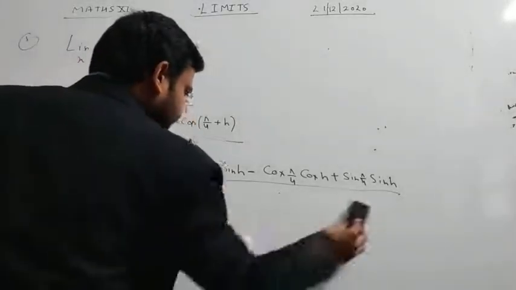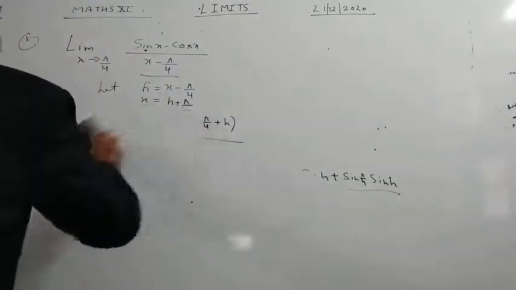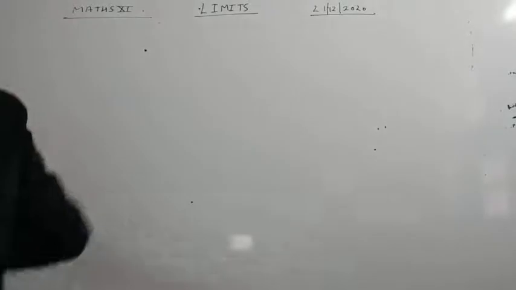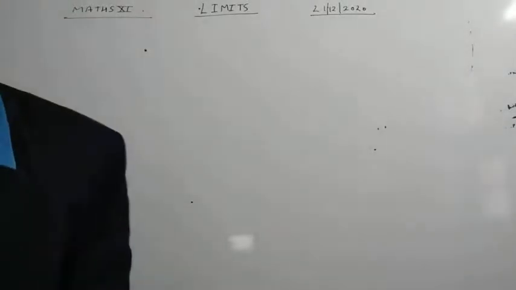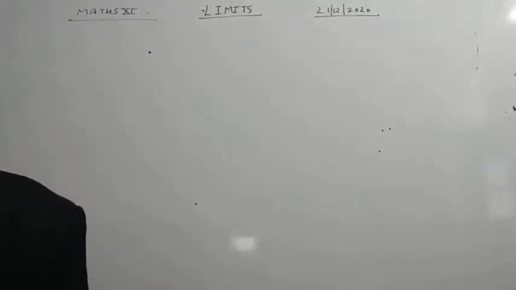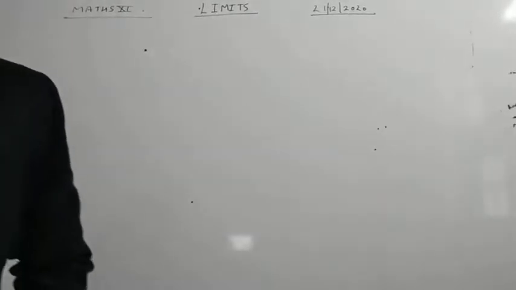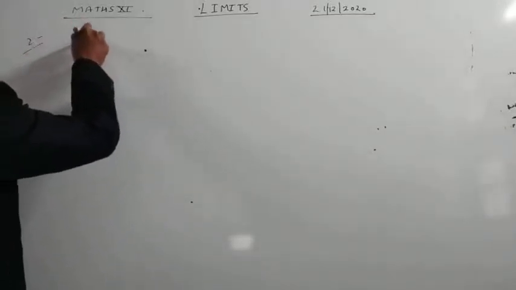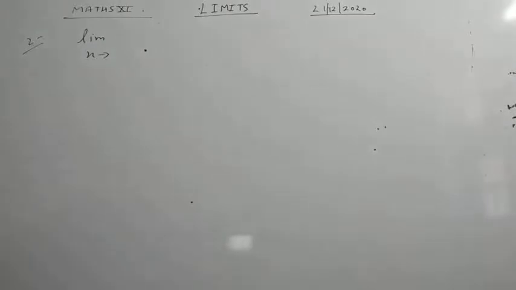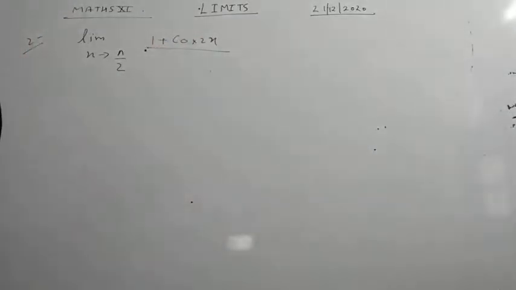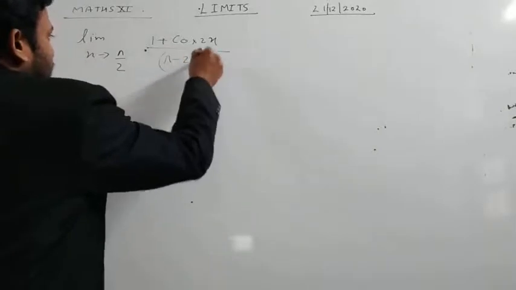Next question is limit x tends to pi by 2 of (1 plus cos 2x) by (pi minus 2x) whole square.